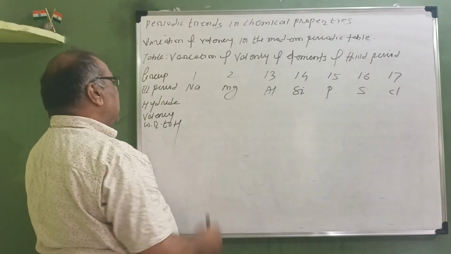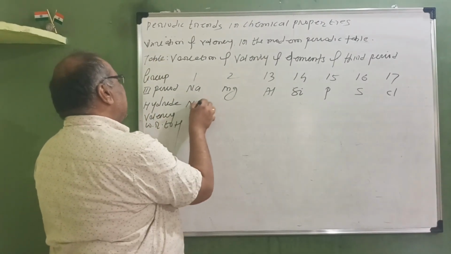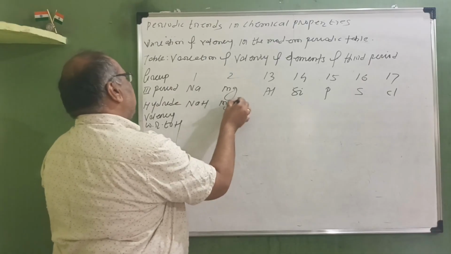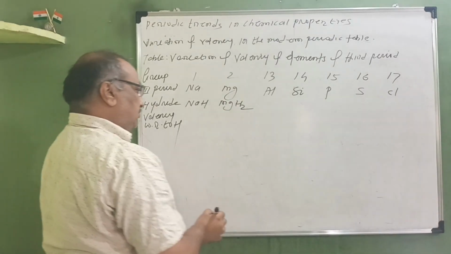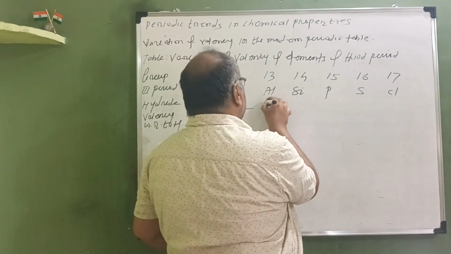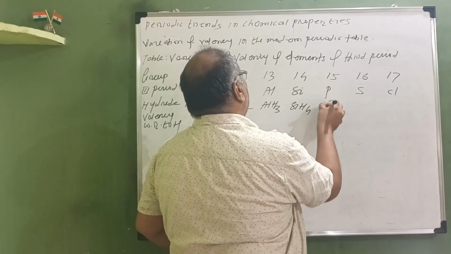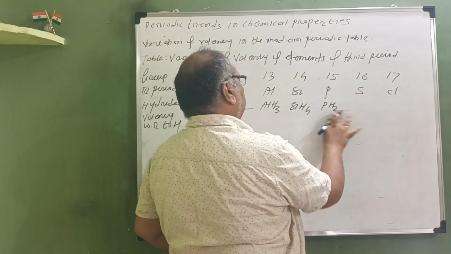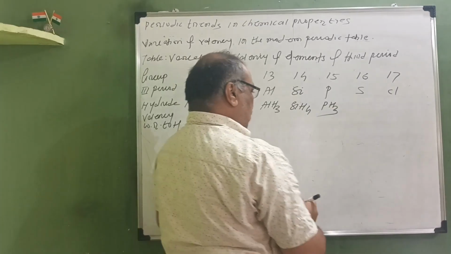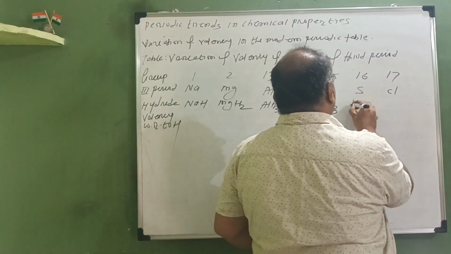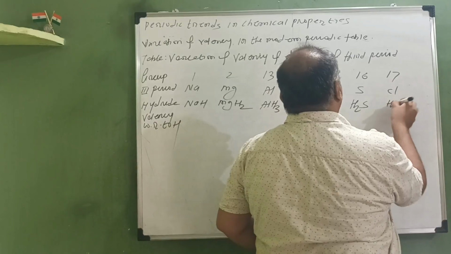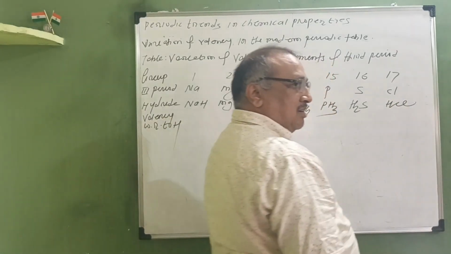Here write down their hydrides: NaH, MgH2, AlH3, SiH4, PH3, H2S, and here HCl.